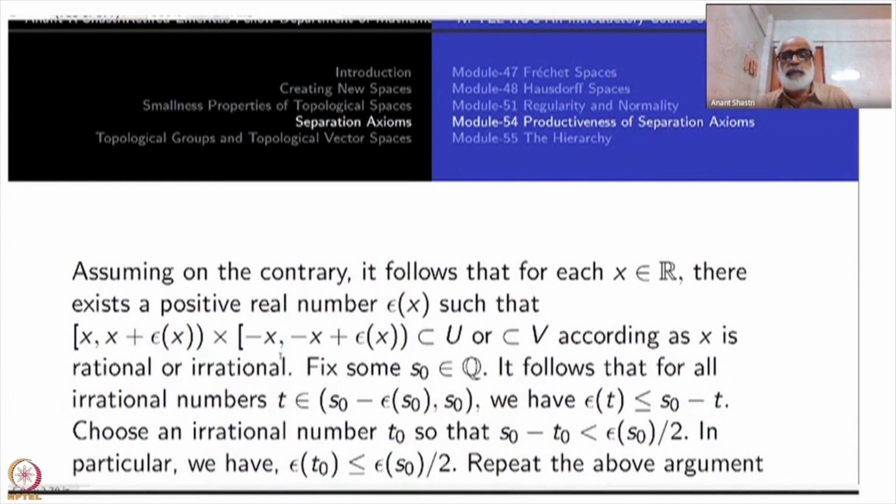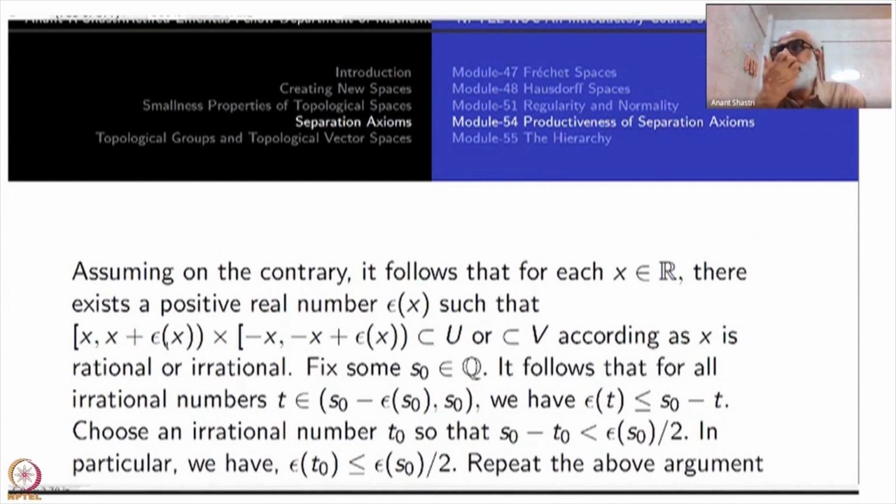So I'm taking a product neighborhood, which is the basic neighborhood in the product topology. This is contained inside U or contained inside V according as x is rational or irrational. If x is rational, it will be inside U. If x is irrational, it will be inside V. Of course, this epsilon x will depend upon x.